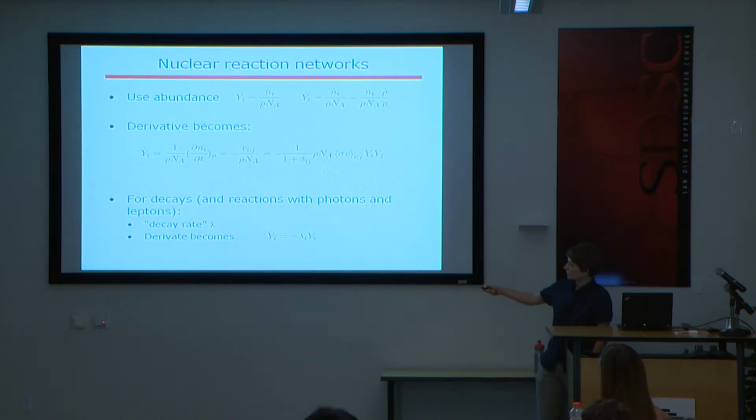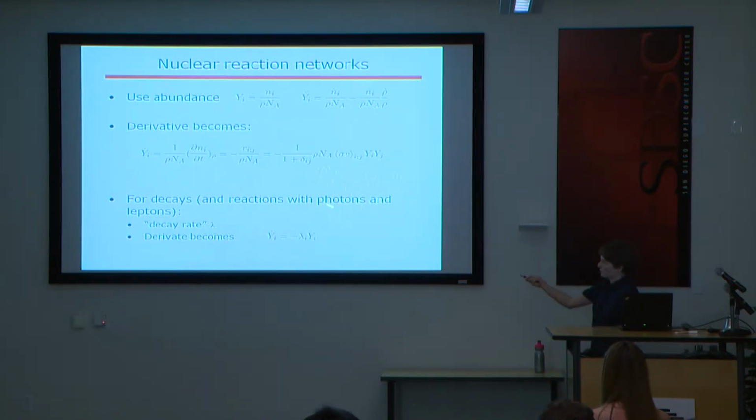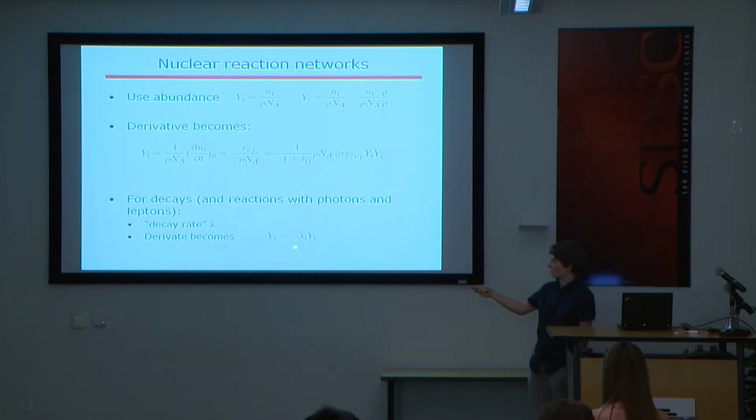Again, if you have a reaction, say, photodissociation of a nucleus, so oxygen-16 being hit by a gamma, you can define a lambda, and so the change in oxygen-16 would then be the original abundance of oxygen-16 times this rate for the photodissociation rate. And so in terms of implementing this in a code, reactions with photons and leptons and also neutrinos look exactly the same as decays, beta decays do.